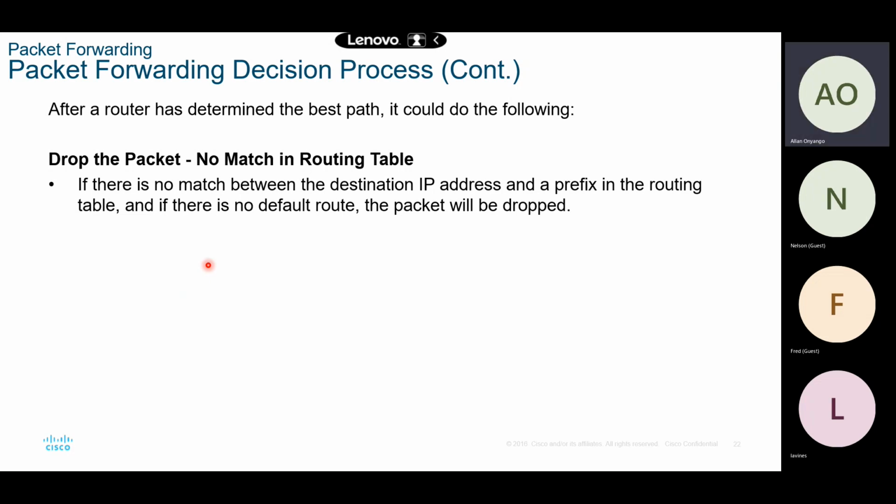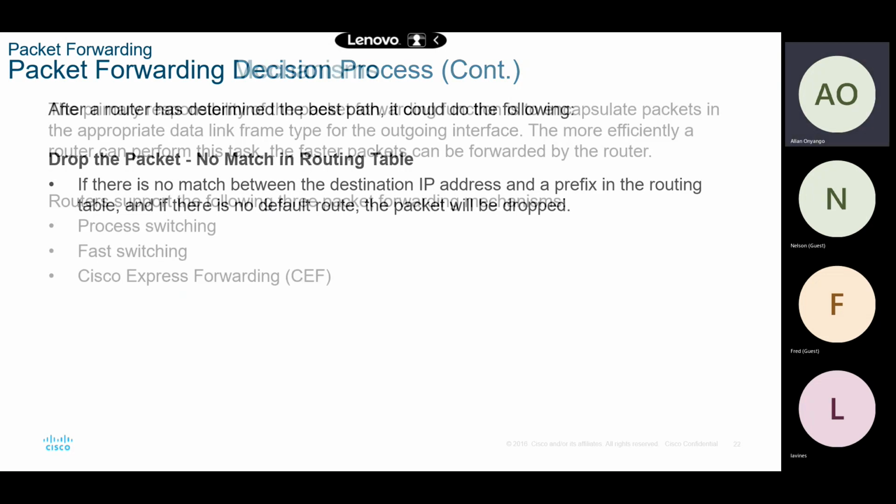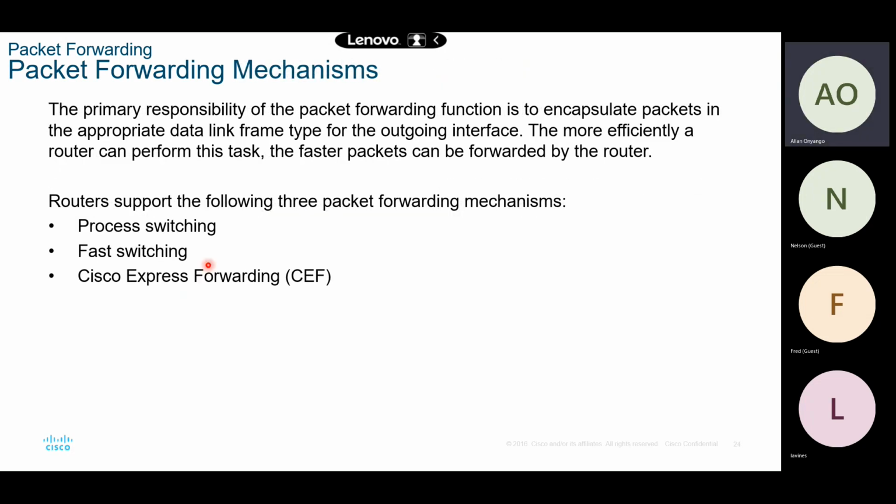Now, it's important again to note that packet forwarding decisions are a very important part of the router, because trust me, routers forward so many packets in a minute, in a second.